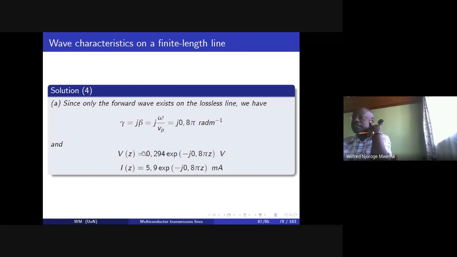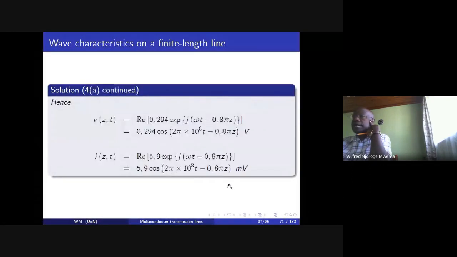And V(z) is equal to that value there multiplied by the exponent of minus j 0.8 pi z. So this is the gamma that we have computed up there, and that's the expression for the forward wave, and the current will be given as that value. And hence, the instantaneous value, just like we did last semester, is that we get the phasor form of the quantity, multiply by exponent of j omega t, and extract out the real part. Many times, I'll always use the cosine reference.